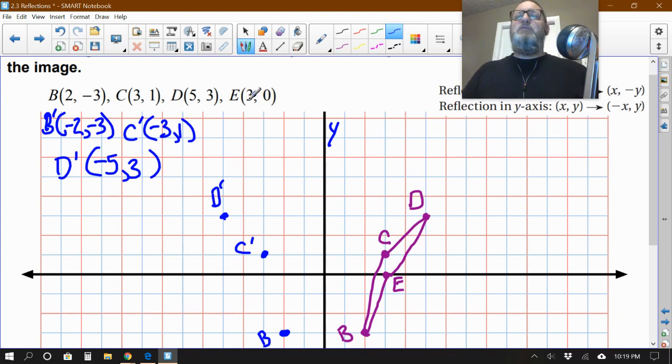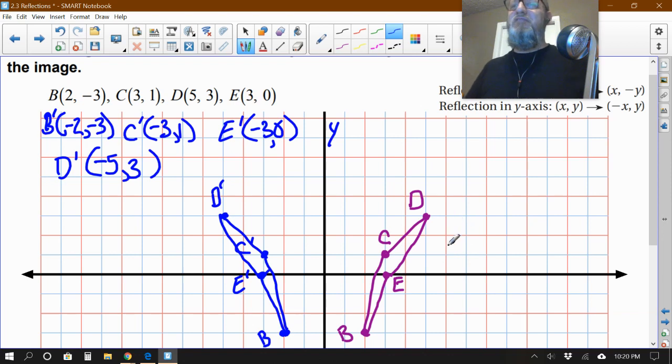And E prime was 3, 0. So now it'd be -3, 0. So 1, 2, 3, and 0 stays right there. So that would have been E prime. And then again, try to connect these, but it was pretty crazy. And I'm being a little lazy and not getting out my straight line tool. Hope you can forgive me for that one.